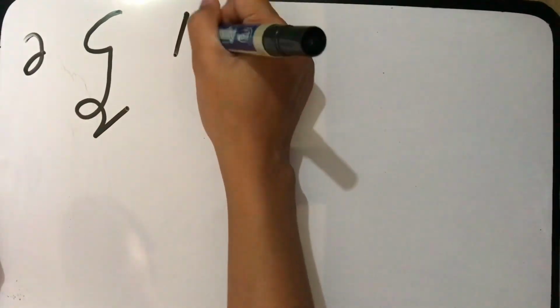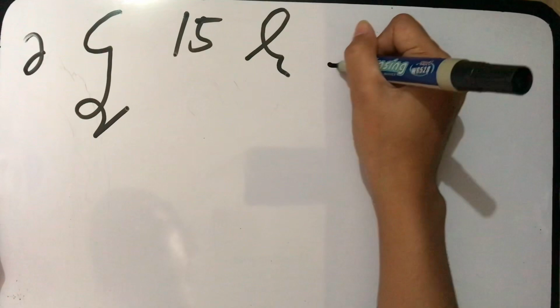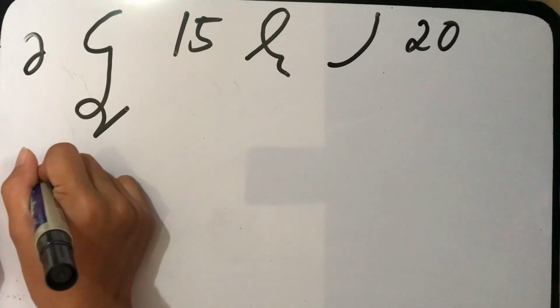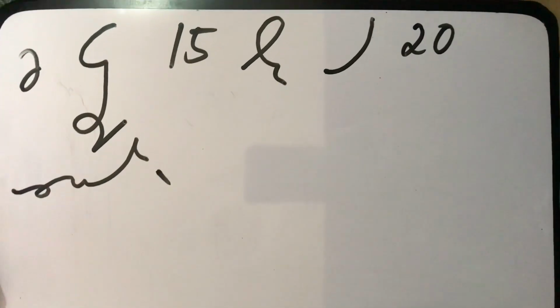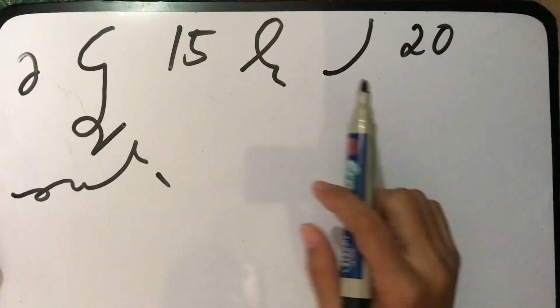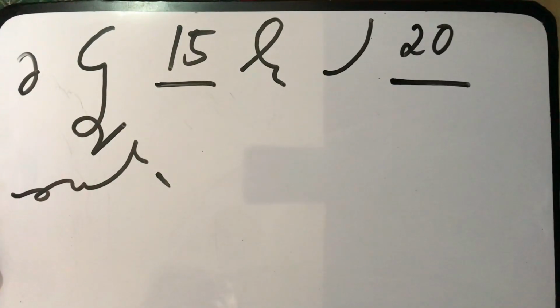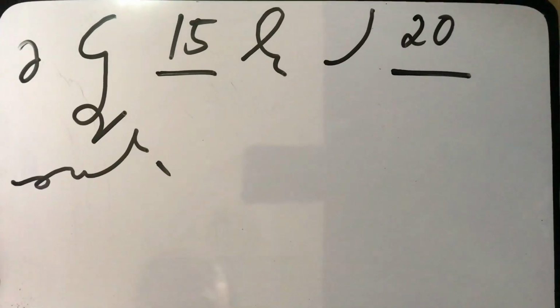Let's have our last example. So, we purchased 15 tapes and 20 records. Since 15 and 20 are numbers that are above 10, we will write them in the same figure.